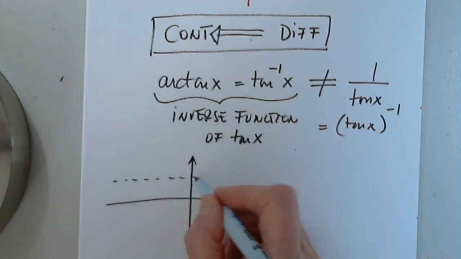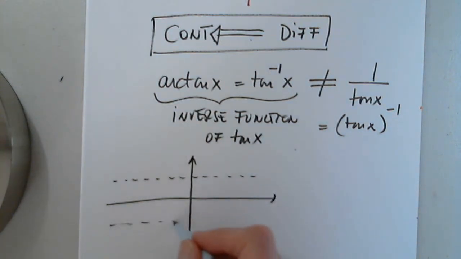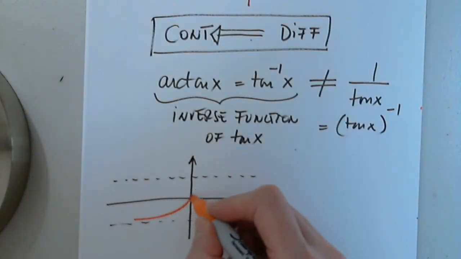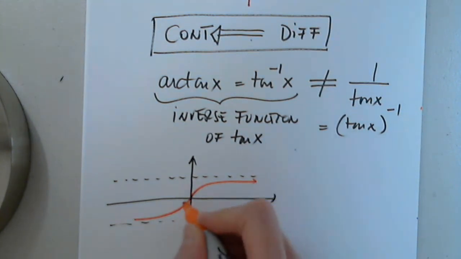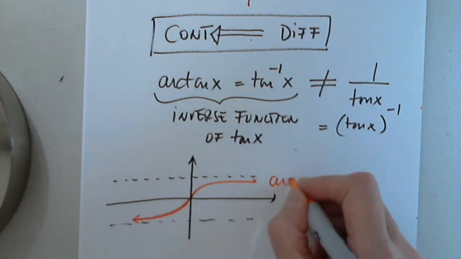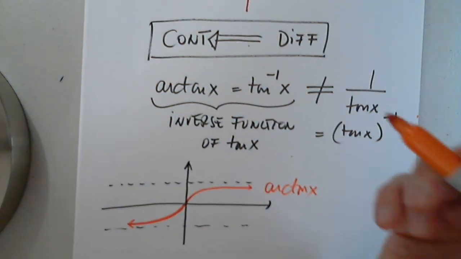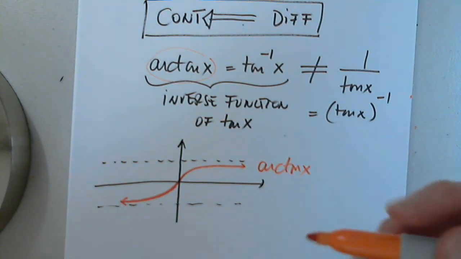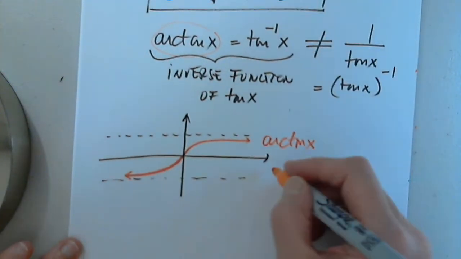We need this. So this is the graph of arctangent x. I prefer this notation. Typing it, it's easier, and also there is no ambiguity for some students.